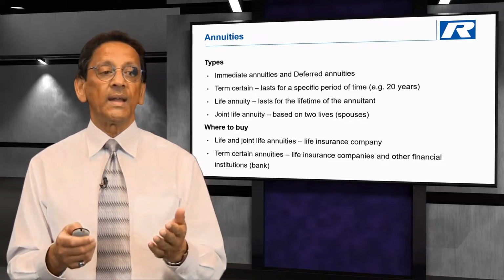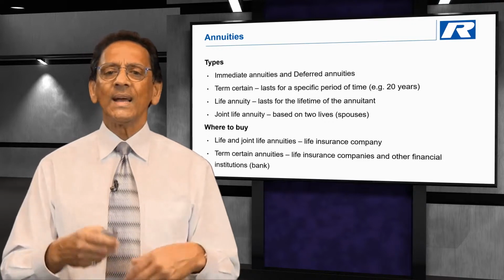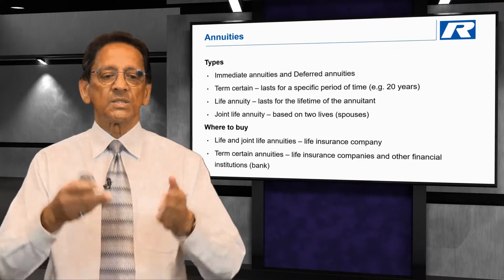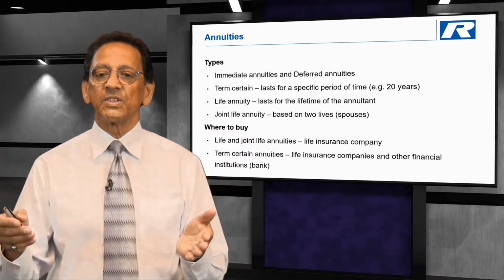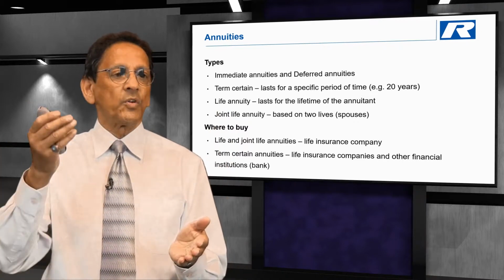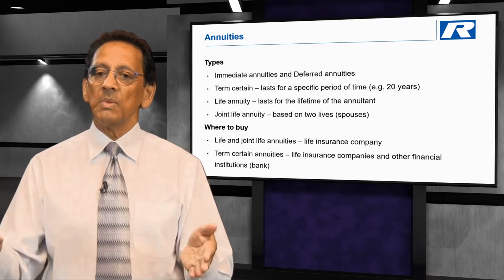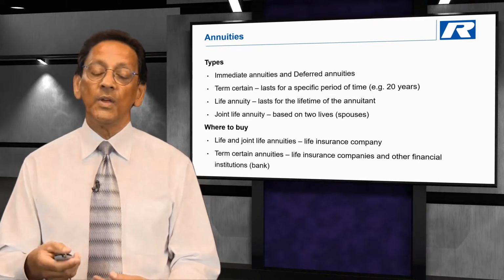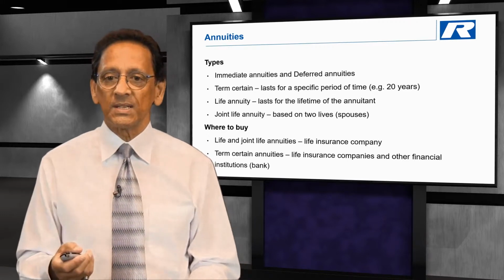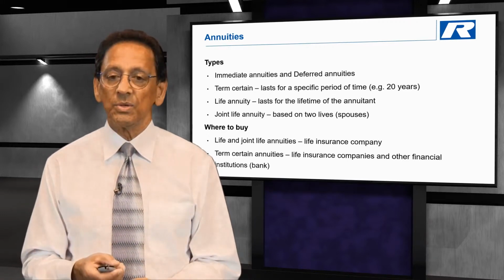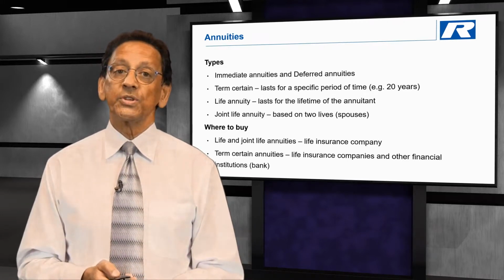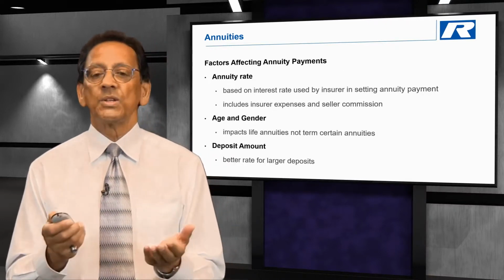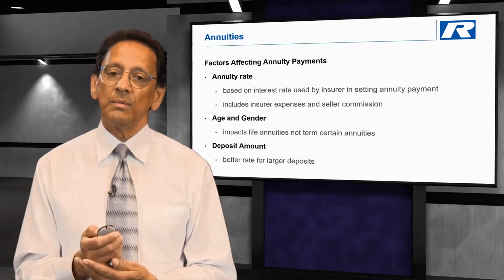And the reason for that is that a term certain annuity has nothing to do with any mortality statistics, because it's purely an investment for a fixed term. Whether you're alive or dead, those payments are going to be made. And so life annuities, because they involve the use of mortality statistics, can only be issued and offered by a life insurance company.